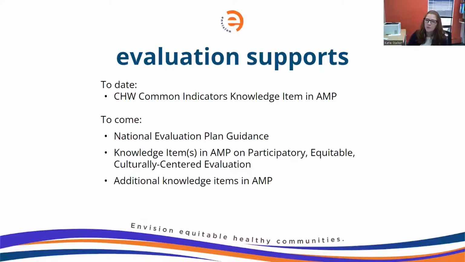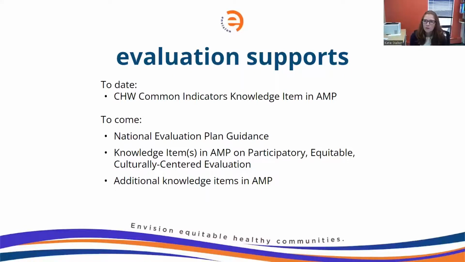At the bottom right-hand part of the screen, there's a PM and evaluation box that you would click. To date, we have some written resources on the CHW Common Indicators. It's a knowledge item. There you can find general information on the Common Indicators project, background, and what those indicators are.